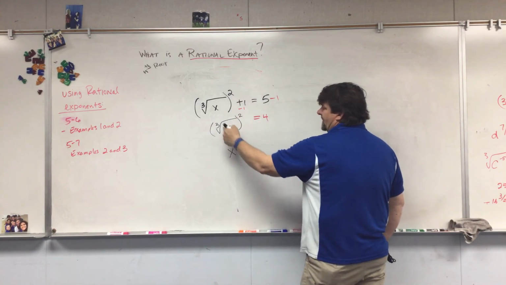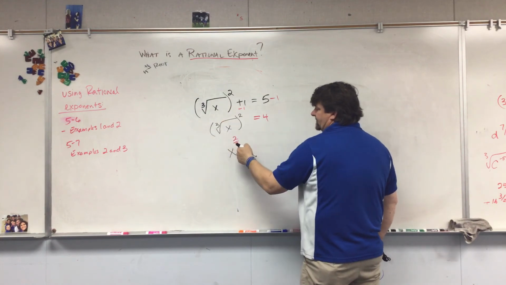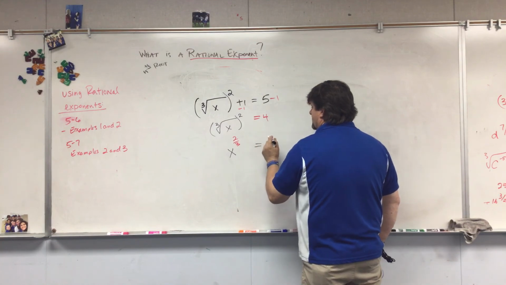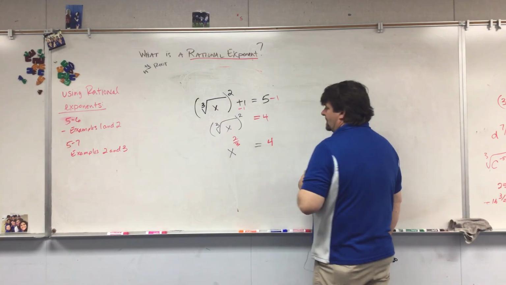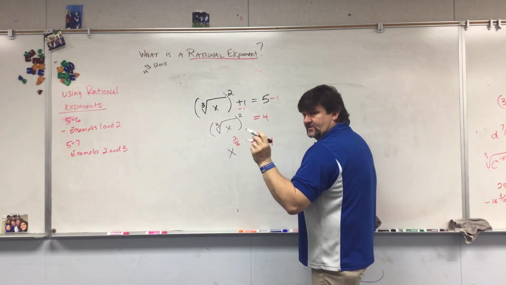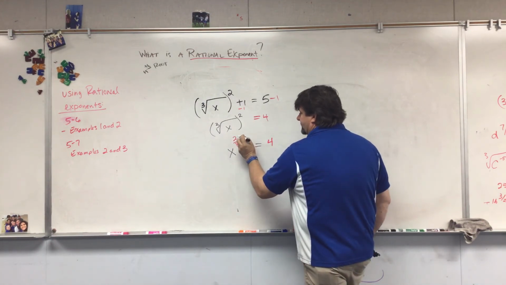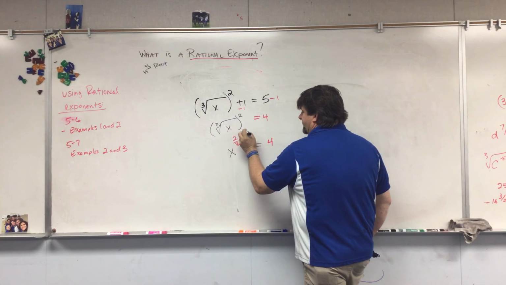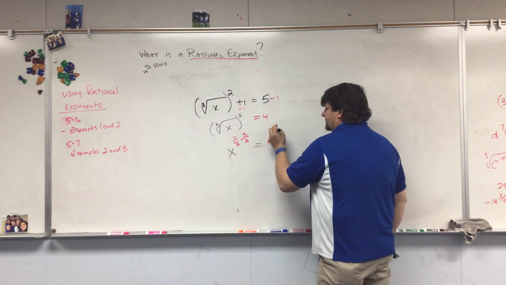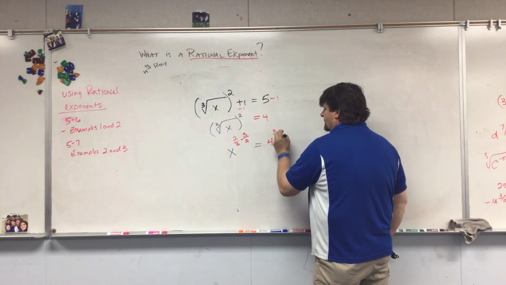Power goes in the numerator, nth root goes in the denominator, equals 4. Okay? Now how do I get rid of this? It's that step that we never told you before. I have to multiply by its reciprocal.